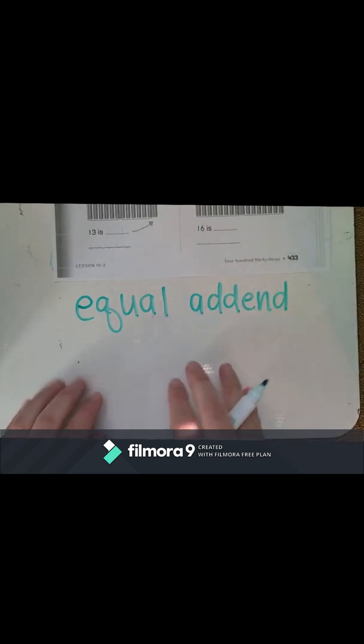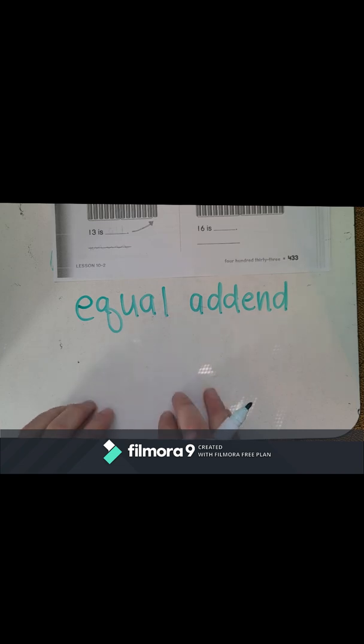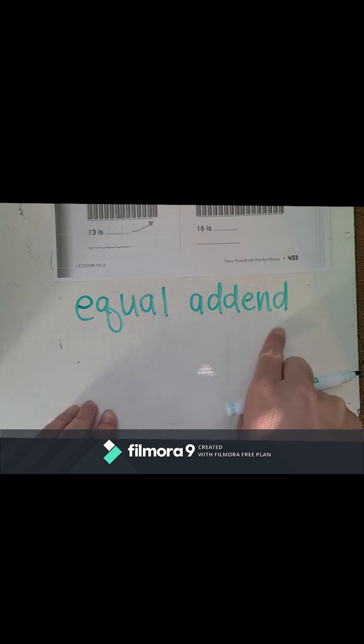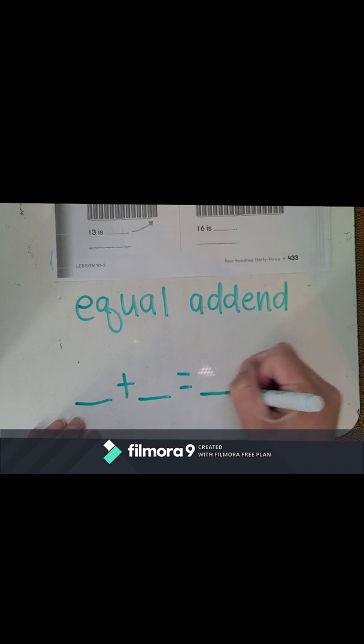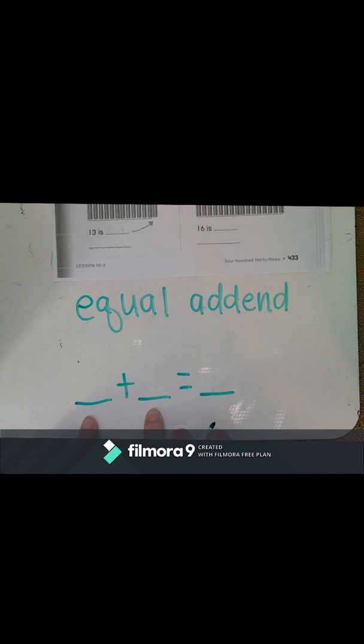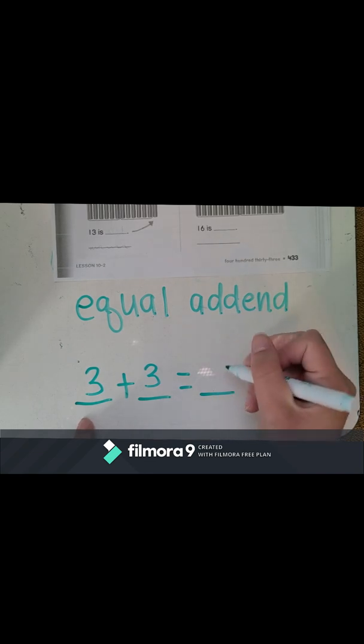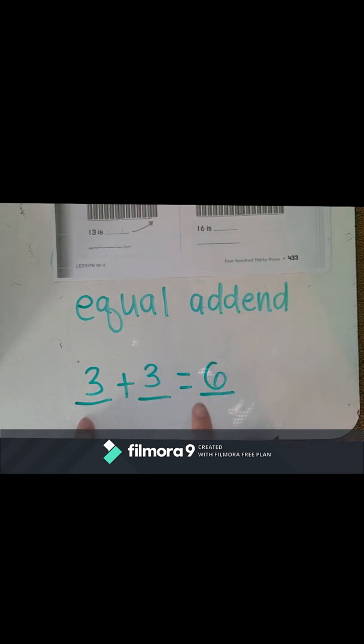So we know equal means that two numbers are the same, they have the same value. If you can remember what an addend is, an addend are those numbers that go into our addition equation. They are these two values. So if I have equal addends, I'm going to have two addends that are the same. All right, now the sum's going to be different, right? 3 plus 3 isn't going to be 3, it's going to be 6.